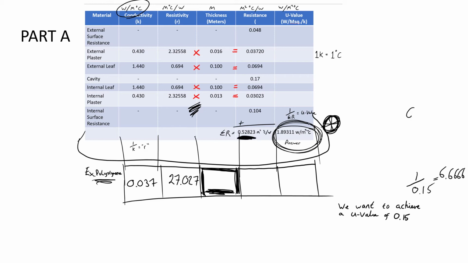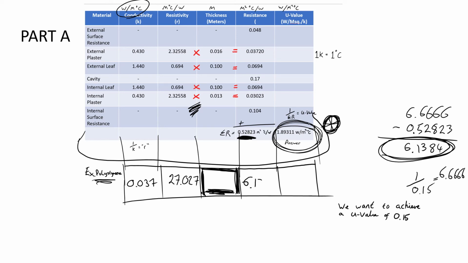So what we do is we take 6.6666 minus our 0.52823, giving us a resistance of 6.1384. Okay, so that's the required one. That's the one that we need the amount of insulation for. So that's 6.1384, if that makes sense.